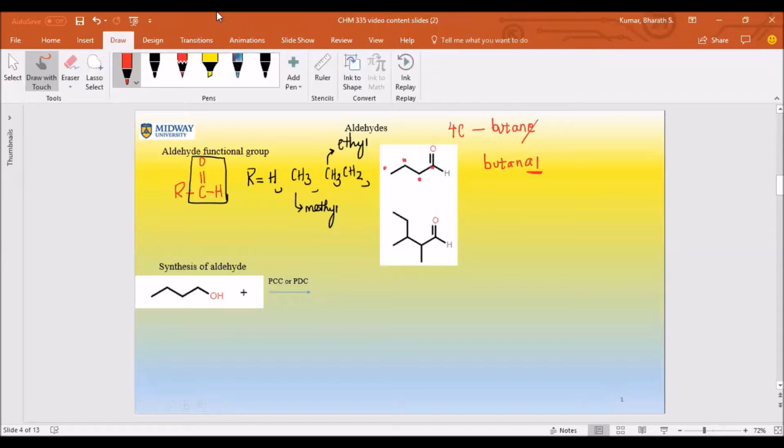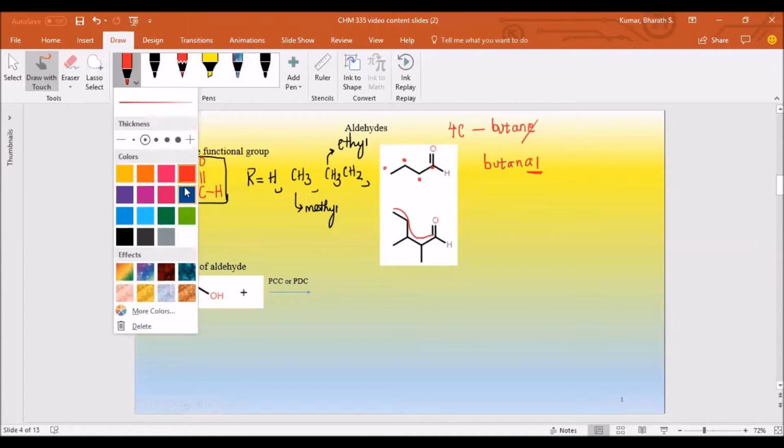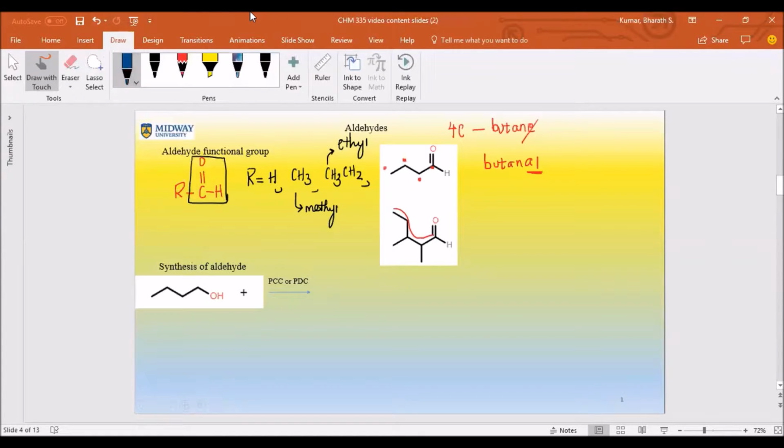That's all. Replace the E with an Al. Now, what if you have substituents? Then you still have to figure out your longest chain, which is this, right? This is your longest chain. Now, let me get a different color so I can highlight this to you. Again, you start numbering from the side containing the functional group.